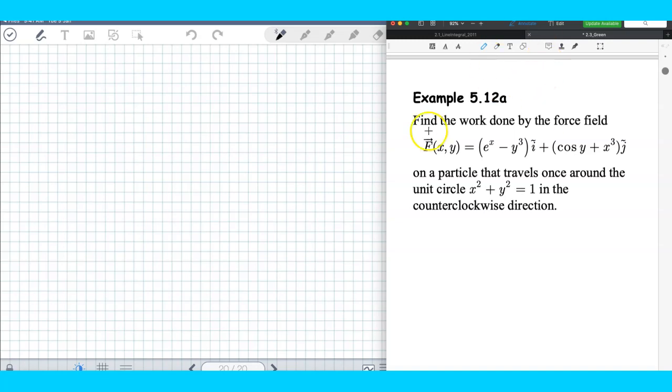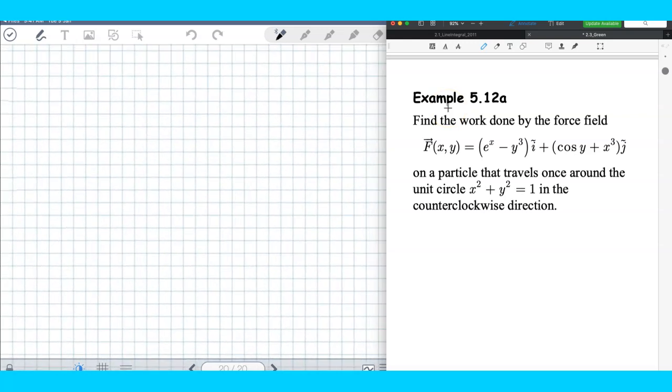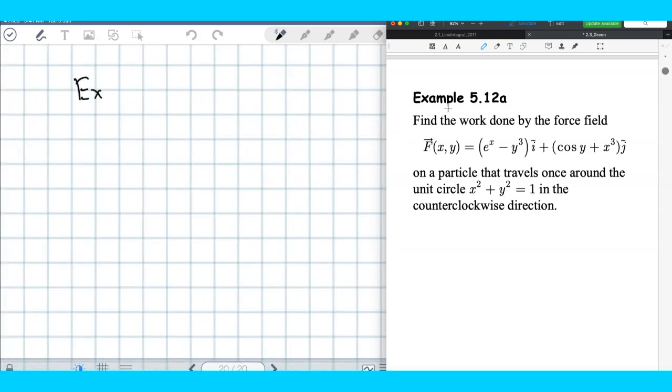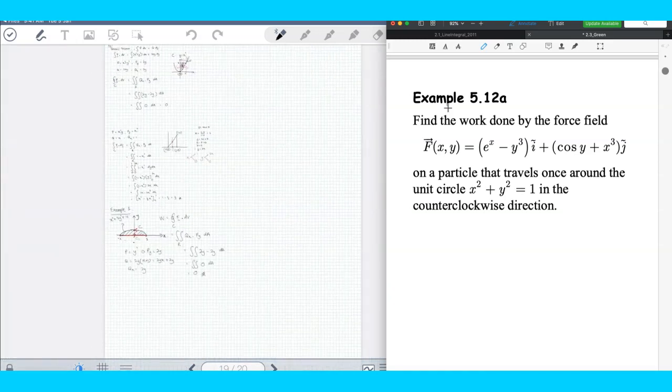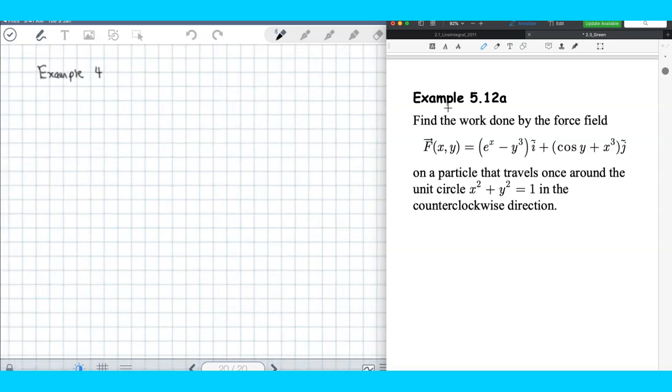Now you can see that they don't mention the conservative vector field, and they don't mention Green's theorem, but you can check. So this is considered example 4.